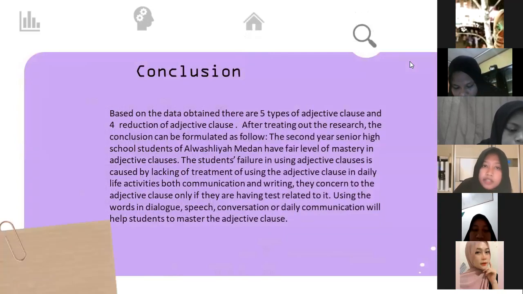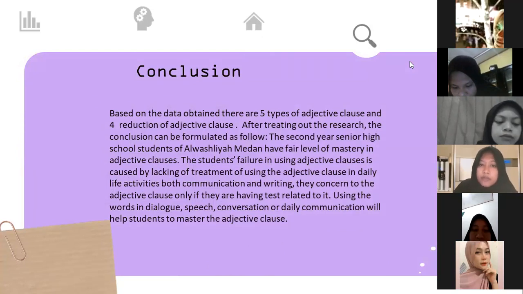Conclusion. Based on the data obtained, there are 5 types of adjective clause and 5 reductions of adjective clause. After carrying out the research, the conclusion can be formulated as follows. The second year junior high school students of Al-Wasliyah Medan have a fair level of mastery in adjective clauses.